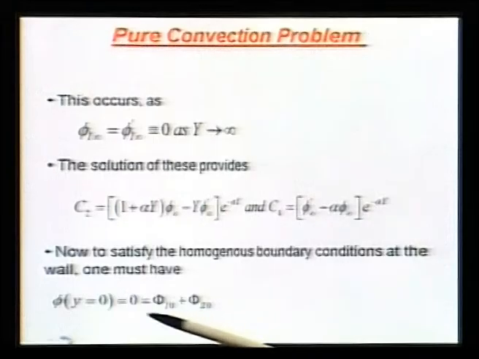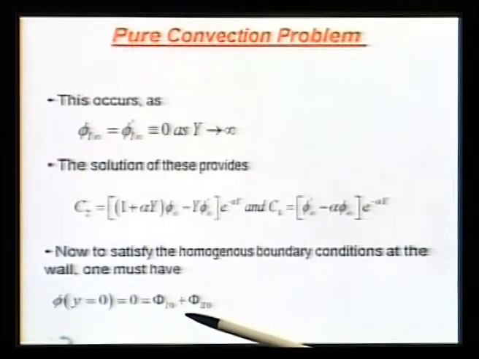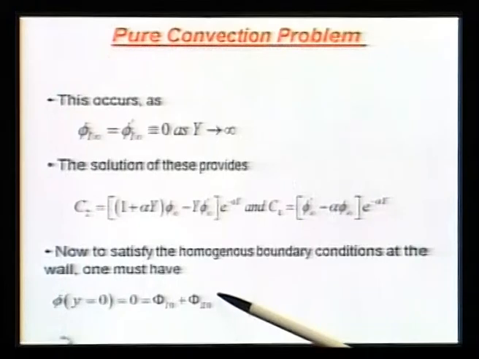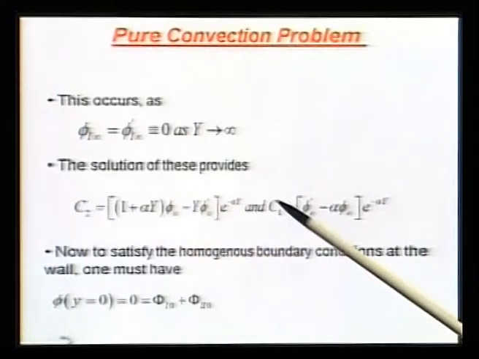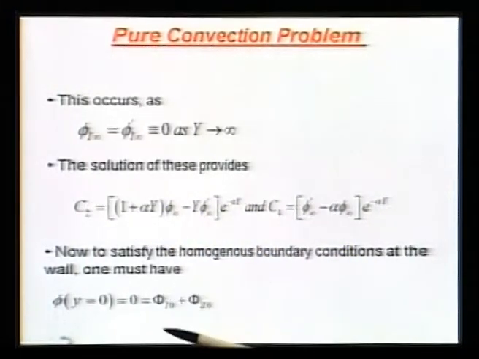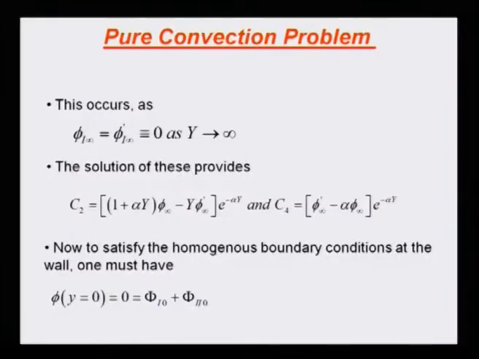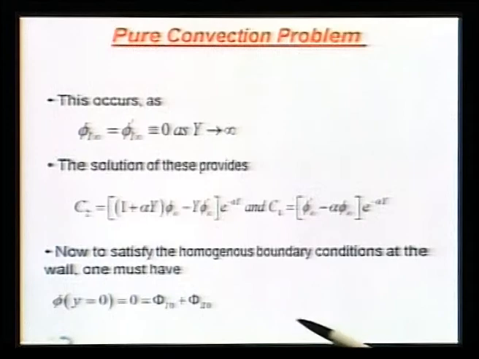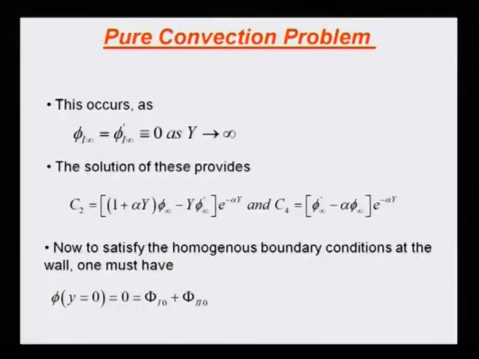So if phi at the wall is 0, that is equal to phi 1 at 0 plus phi 2 at 0. Now what has happened? As far as this part is concerned, we at least know those multiplicative constants. But for this part, we do not know C1 and C3. So we are trying to clear out a strategy by which we can obtain those C1 and C3.